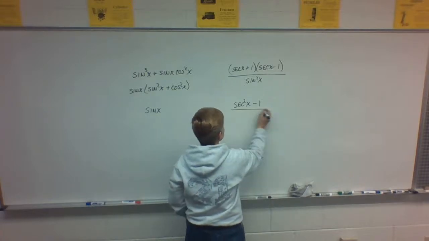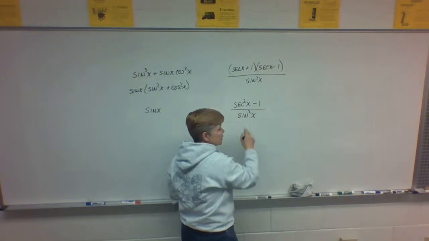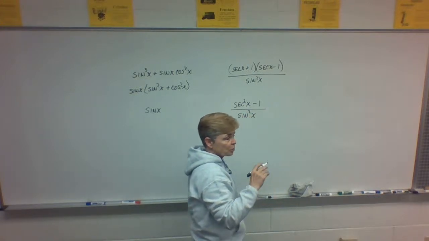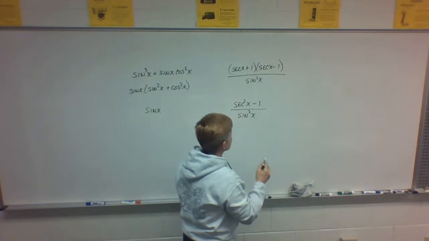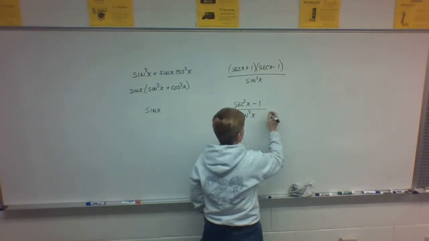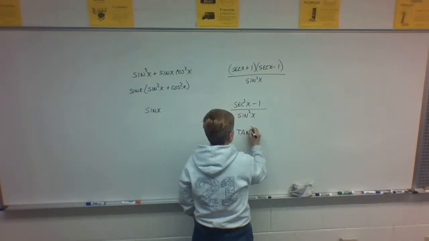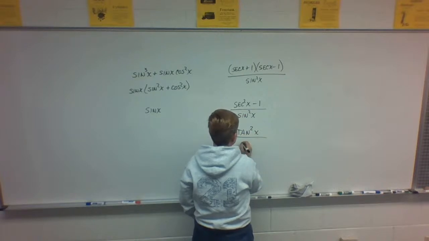Okay, over sine. This is a Pythagorean identity, one of the algebraic versions of it. And if you look carefully at it and manipulate it, this is tangent, is that right? Yeah. Okay, so I'll go right down here. Tangent squared x over sine squared x.